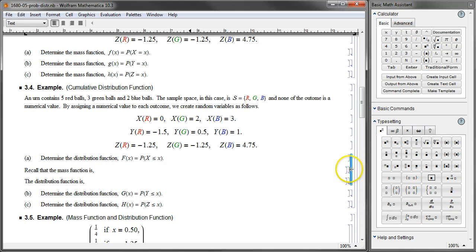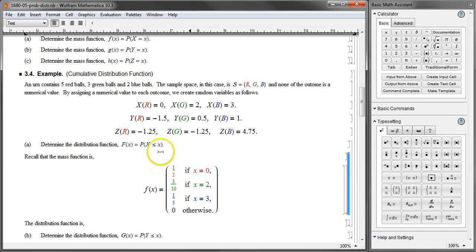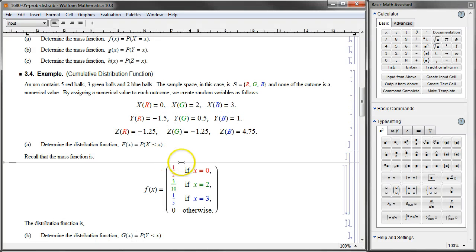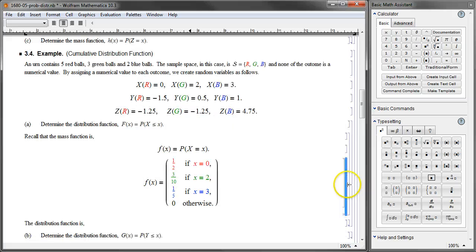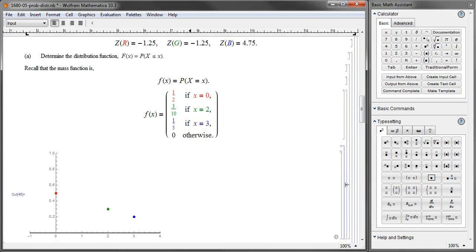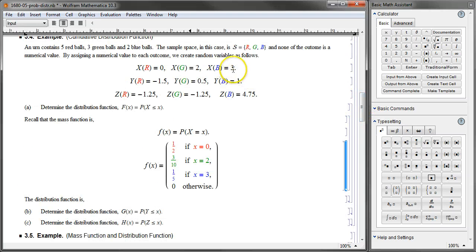Well, let's see. The probability mass function is as follows here. We saw that, and then we checked out the graph as well, because these three values, 0, 2, 3, are the allowed values, otherwise impossible.